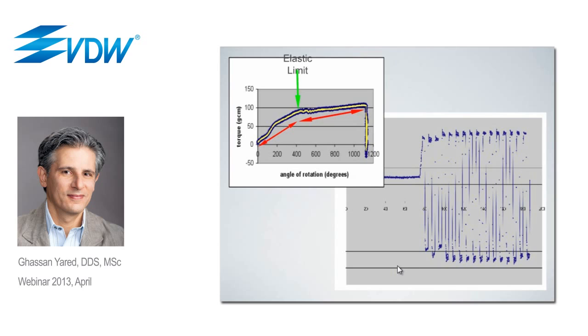And therefore, in single file reciprocation, where we use an angle that is lower than the elastic limit, torsional fatigue is theoretically eliminated. And this is what makes single file reciprocation very successful. The use of an angle that is lower than the angle at which the elastic limit develops.